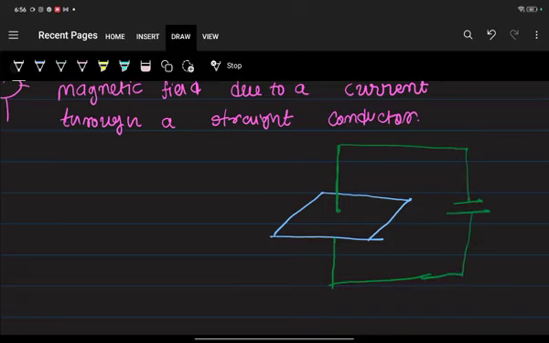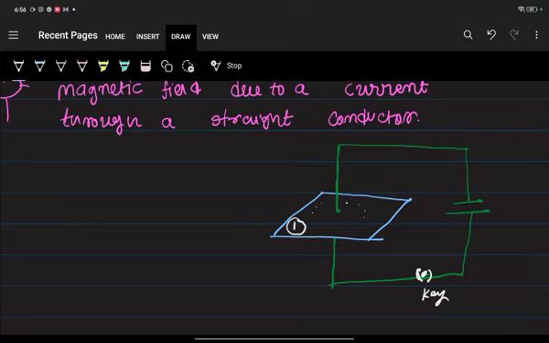First of all, place a magnetic needle on top of the whiteboard. This is our magnetic needle. Now, this is, let's say, our key. Now, sprinkle some iron filings.